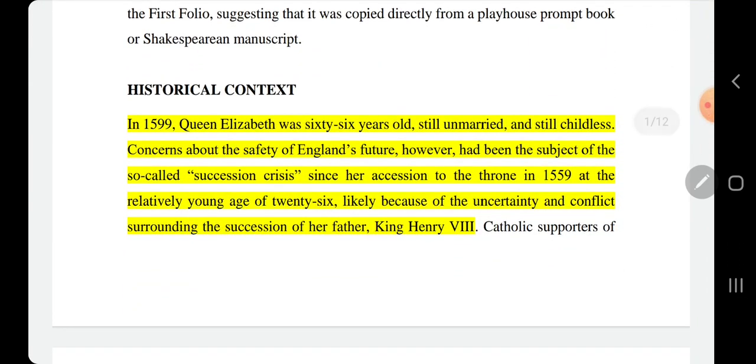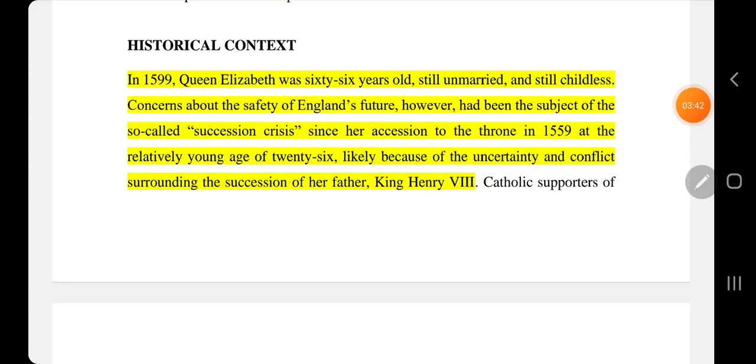So let's come to the historical context of our play and have a little bit of discussion about it. What is the historical context of our play Julius Caesar? In 1599, Queen Elizabeth was 66 years old, and she was still unmarried and still childless. And you know, students, at that time it was a monarchy, not a republic, which means that the successor comes from Elizabethan hereditary.